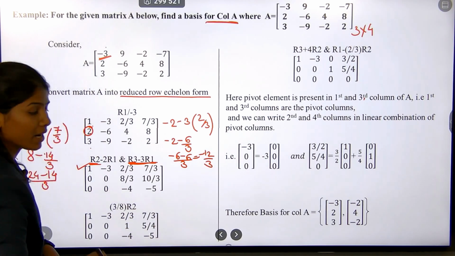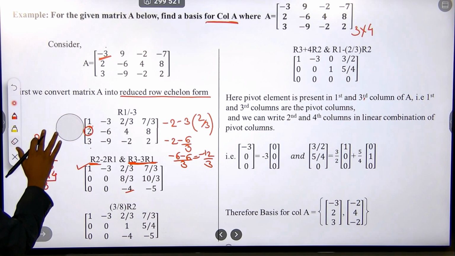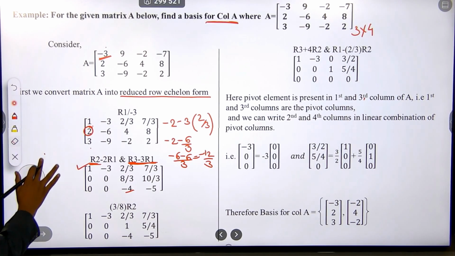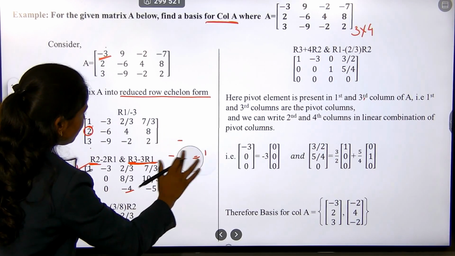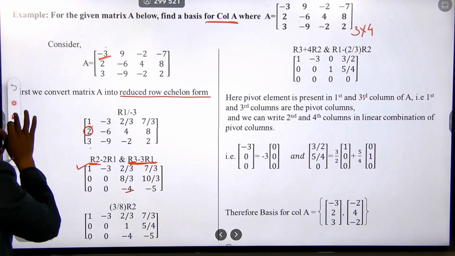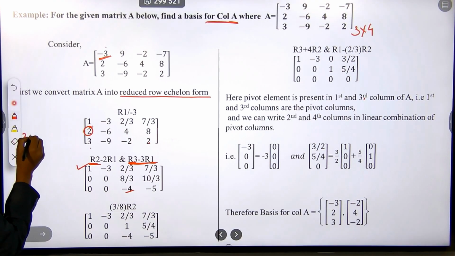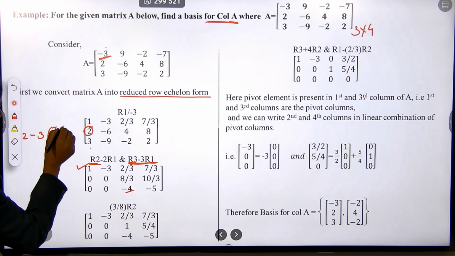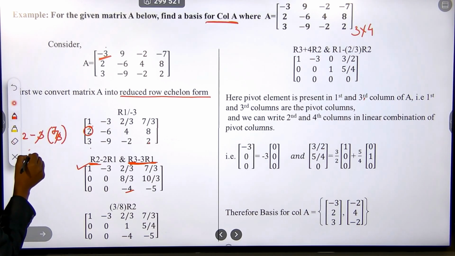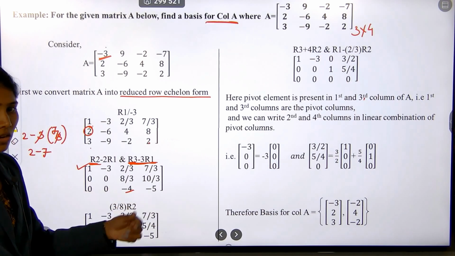It gives us minus 4. Now 2 minus 3 into 7 upon 3. Here 3 gets cancelled, we get 2 minus 7, so it gives us minus 5.